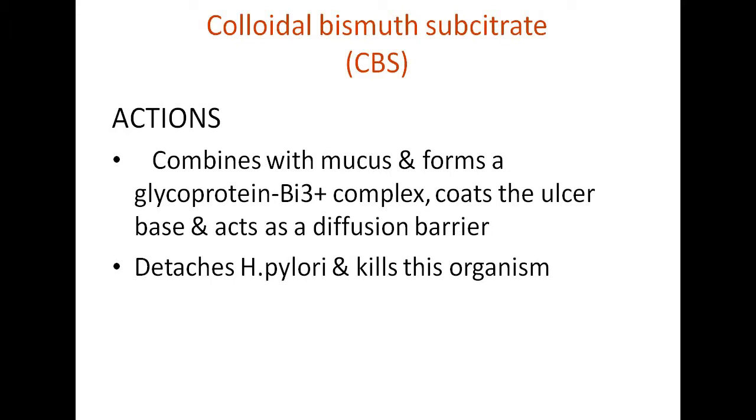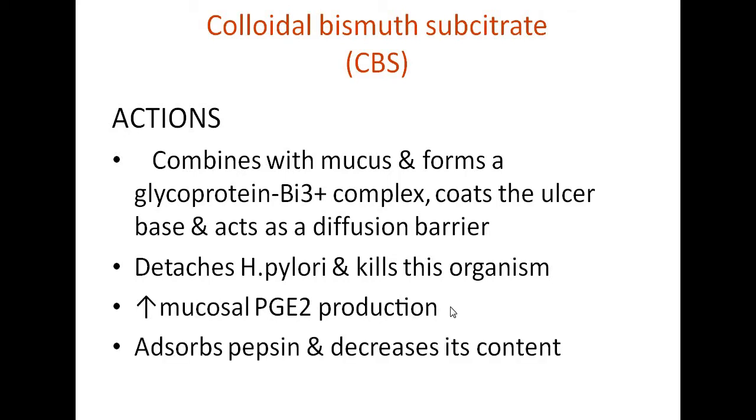It also detaches and kills Helicobacter pylori, which is seen in about 80% of the patients with peptic ulcer, and stimulates the mucosal prostaglandin E2 production, which stimulates mucus production. Pepsin is adsorbed and decrease in its content is seen.